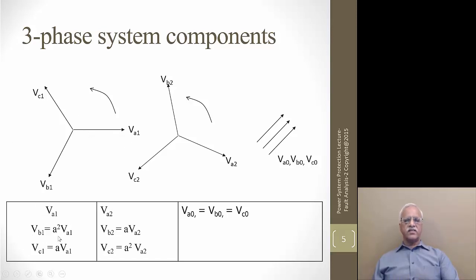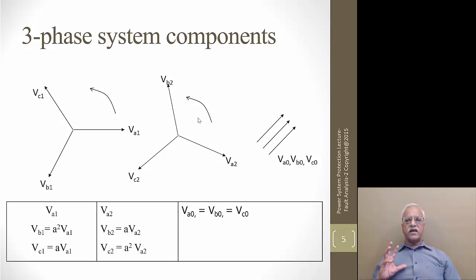VB1 is A square VA1, and VC1 is A VA1. A is the operator we introduced in the last lecture, which rotates a vector in the counterclockwise direction by 120 degrees. And now I have a second set of vectors, which is ACB in counterclockwise direction or ABC in clockwise direction.